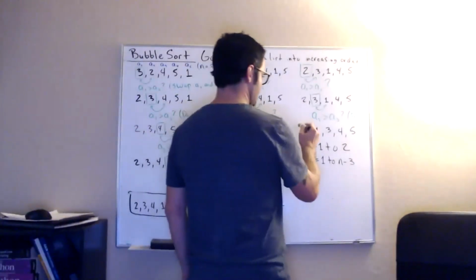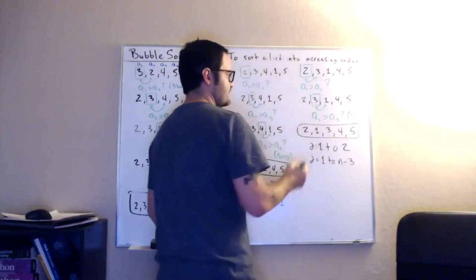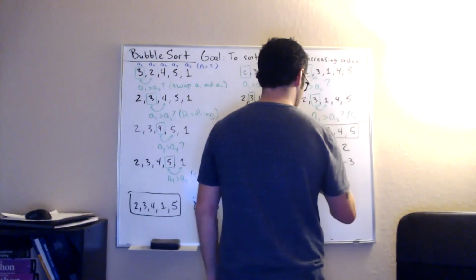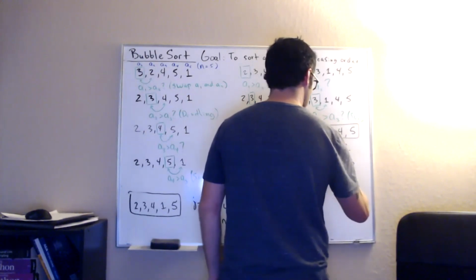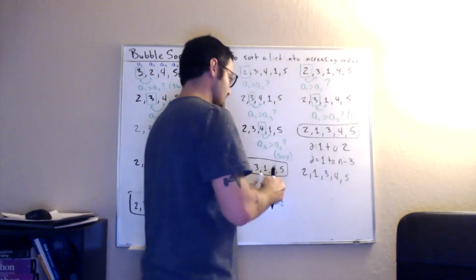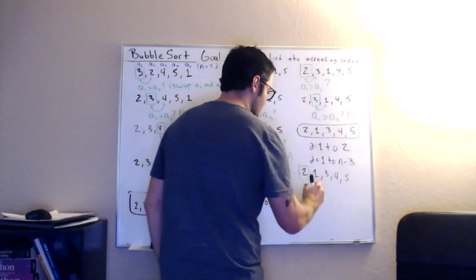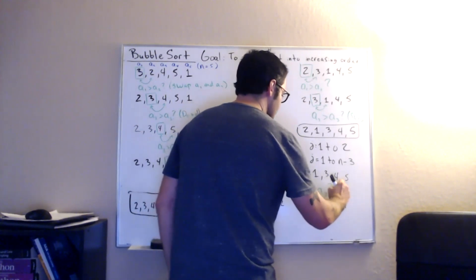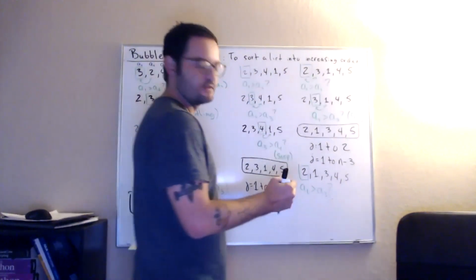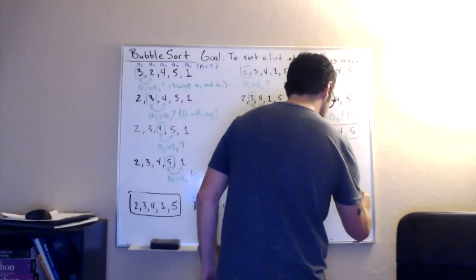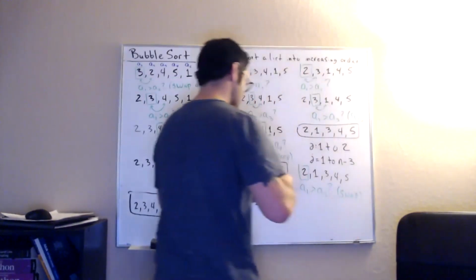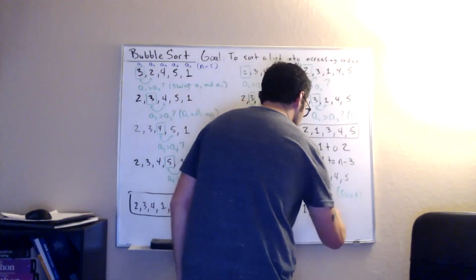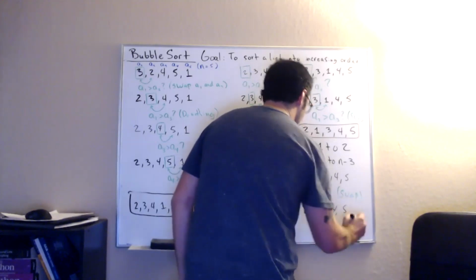So here we can stop and start this process over again for one more pass. So 2, 1, 3, 4, and 5. So here we compare the A1 entry with the A2. Is that true? It is, so we're going to swap. And we're going to get 1, 2, 3, 4, 5.